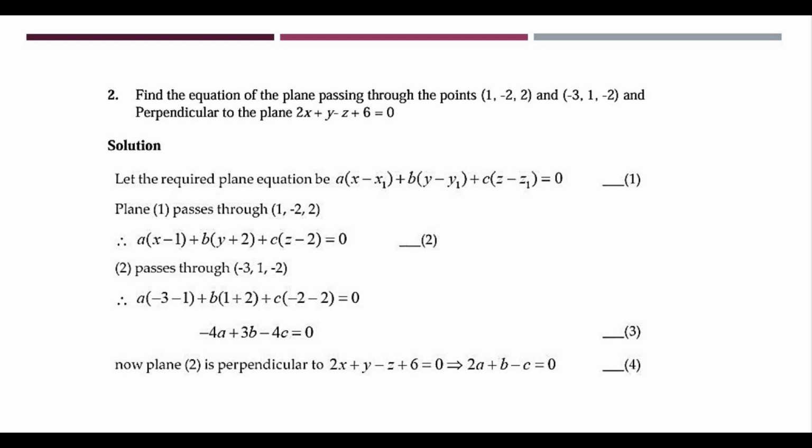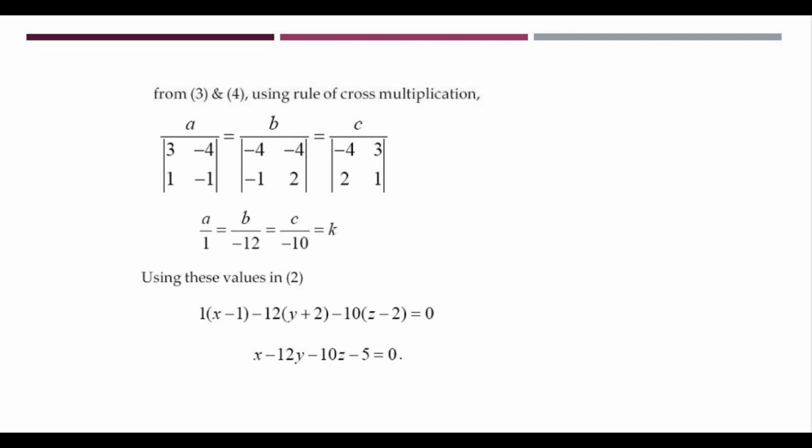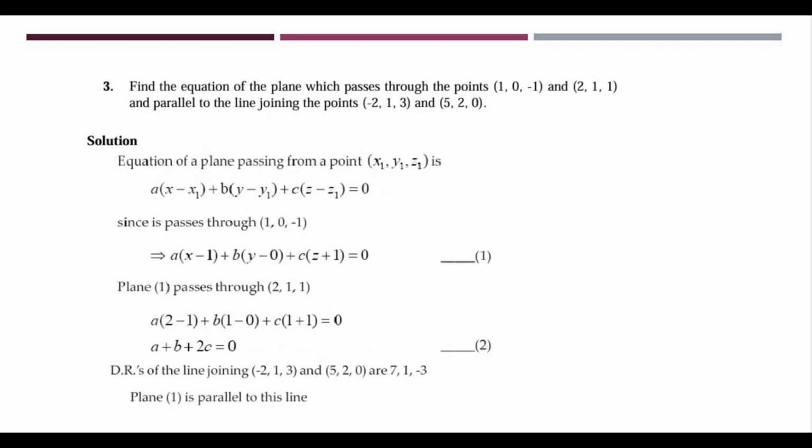That is 2a + b - c = 0. We consider that as equation number 4. From equation number 3 and 4, we find the values for a, b, c by using cross multiplication. We get a = 1, b = -12, c = -10. Using these values in equation number 2, we get the final equation x - 12y - 10z - 5 = 0.